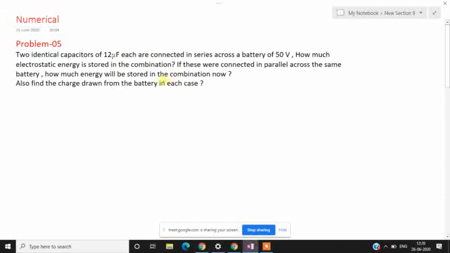So you need to know the energy stored in a series combination. Just before solving this problem, I'll give a hint for this: energy stored in series combination.